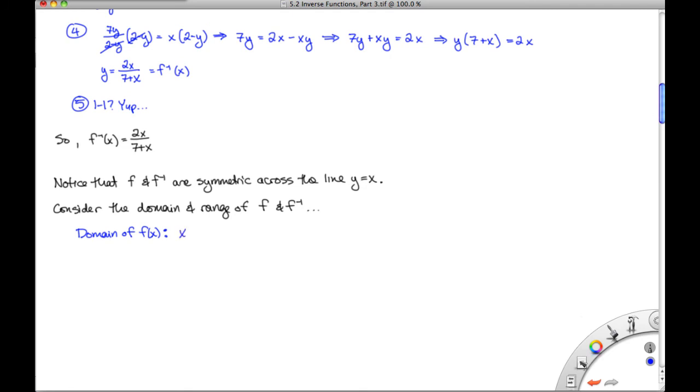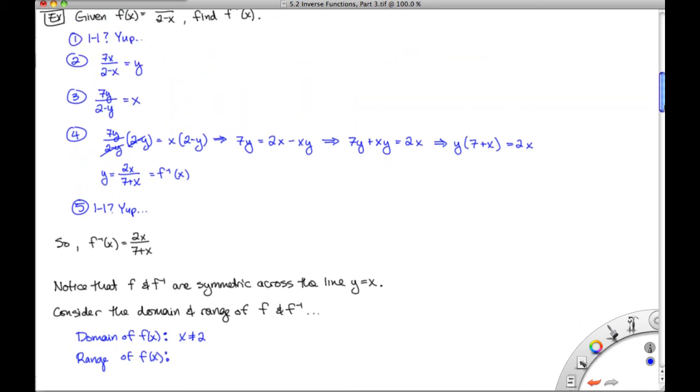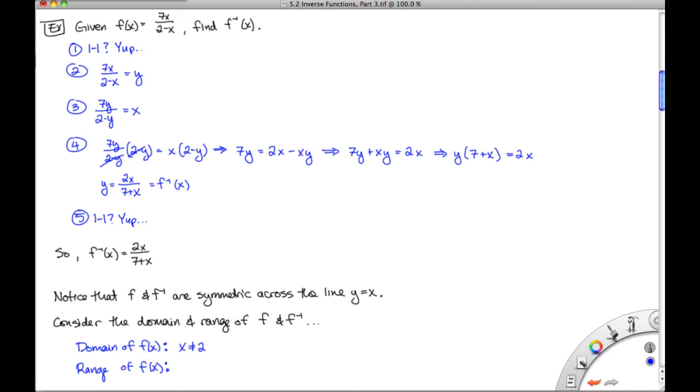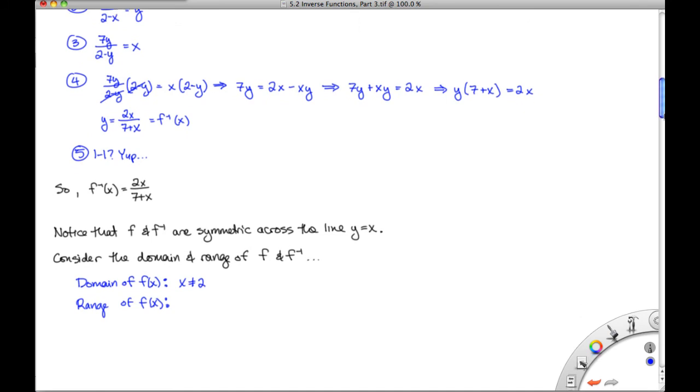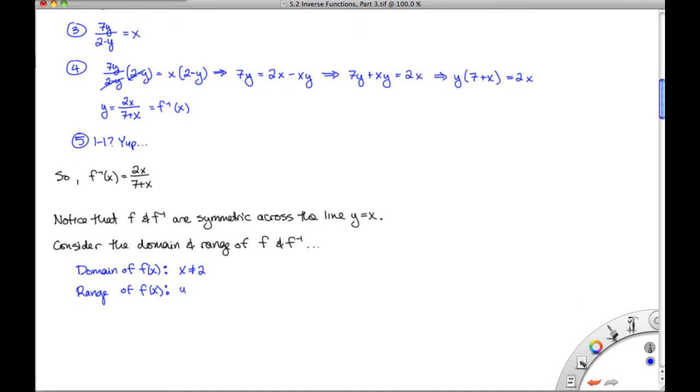So we can say that x can't be equal to 2. Additionally, if we look at the range of f of x, so these are all the possible y values, this curve has a horizontal asymptote at -7 because the degrees at the top and the bottom are equal. And what we see is that y is never going to equal -7.